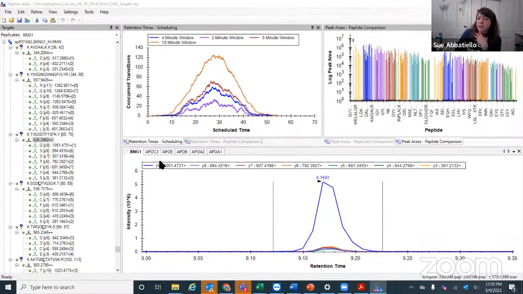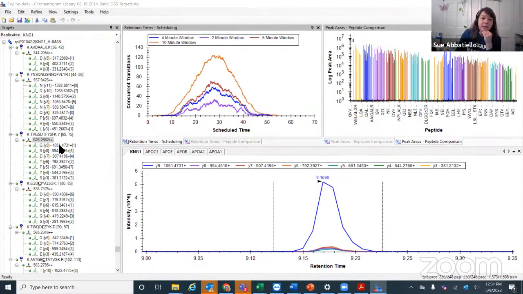SRM and PRM. So SRM is selected reaction monitoring on a triple quad, which means you're individually looking at the Q1 setting, so the precursor, and one product ion at a given time. And the instrument will always look at things in pairs, Q1 and Q3, and kind of go through the list.